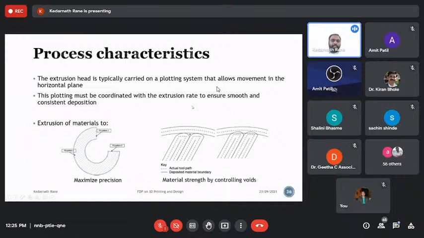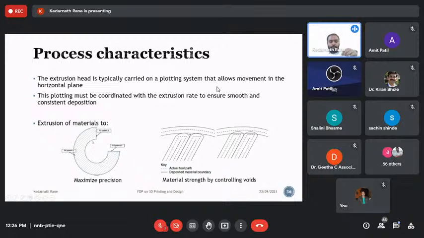By the way, there is another challenge people are facing nowadays with bioprinting, because it involves a complicated system in the extrusion, and there are many complications in the deposition and extrusion. So there is a lot of scope for research in this area. When it comes to the extrusion material, you should have maximum precision. It again comes down to the deposition as well as the material side of the process.